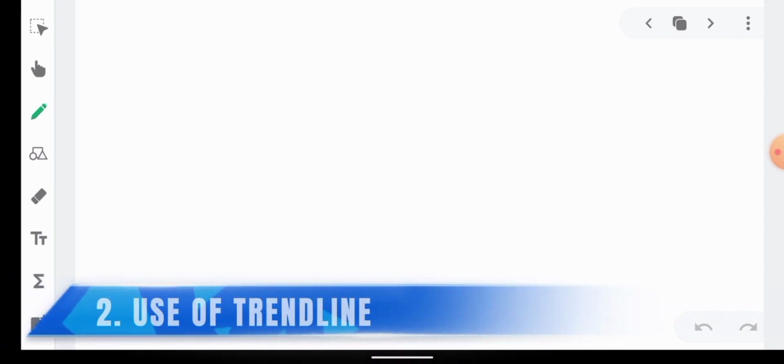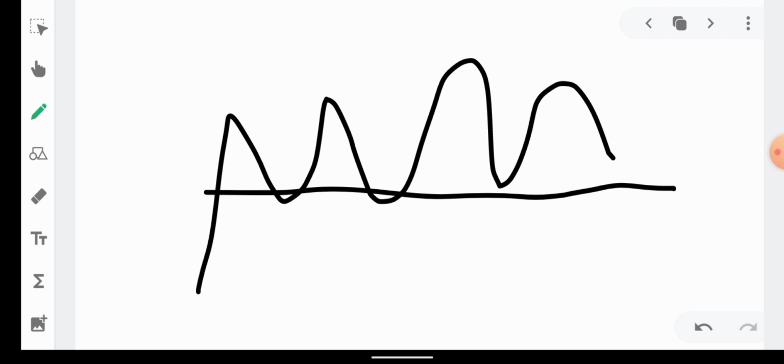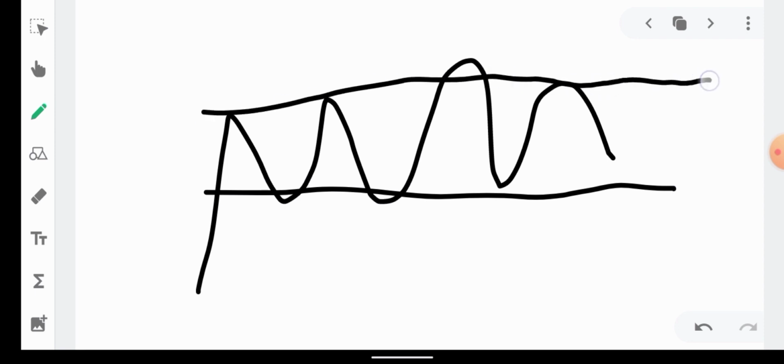Okay, so the second setup on how you can trade volatility indices is by using trend lines. Trend lines act as dynamic support and resistance. So let's say markets move like this. We can now plot our trend line, confirming that the market is in a consolidation phase.